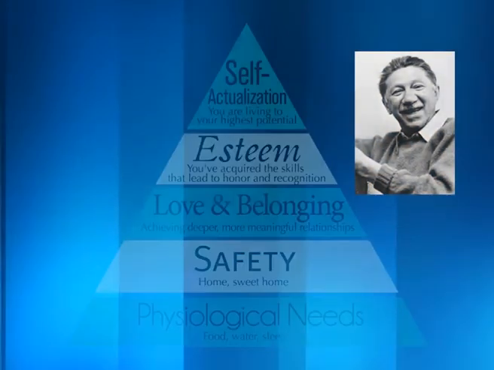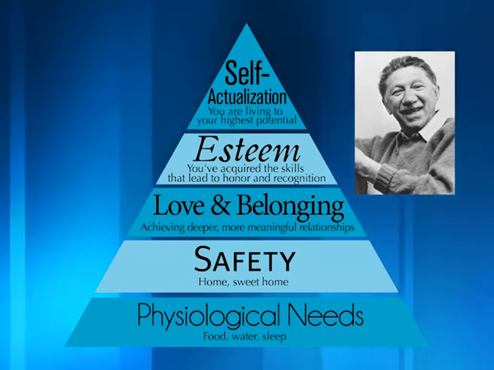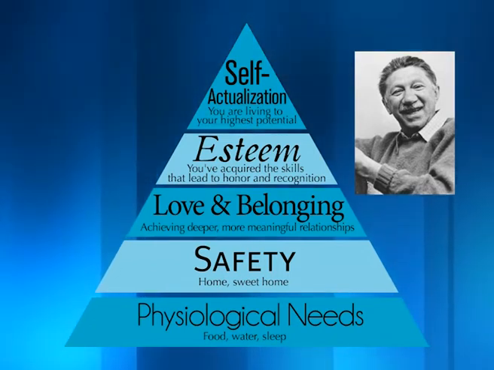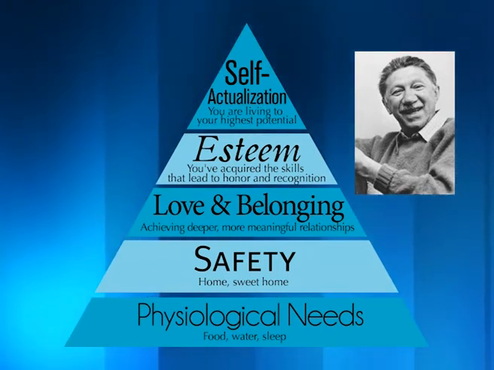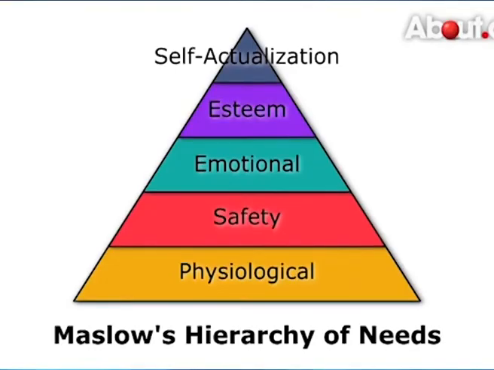Hence, he would move higher to meet his other needs. According to him, there are 5 kinds of needs: psychological, safety, social, esteem, and self-actualization, as explained in this diagram. Now let's talk about these needs in detail.